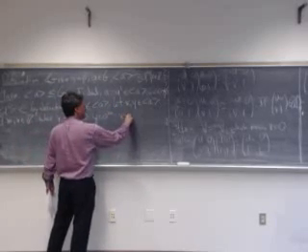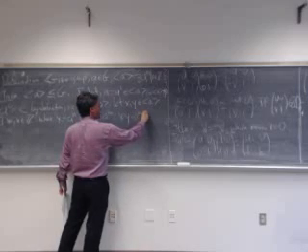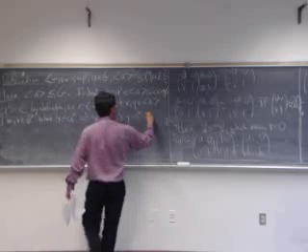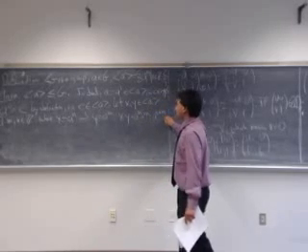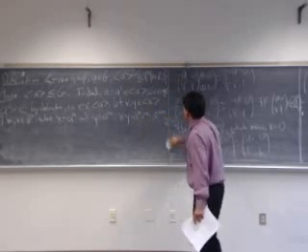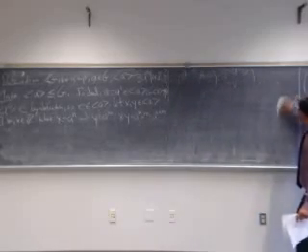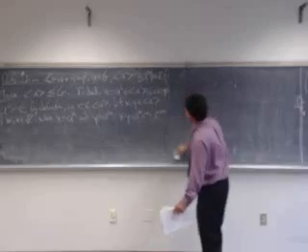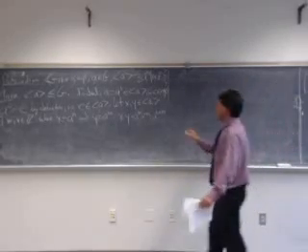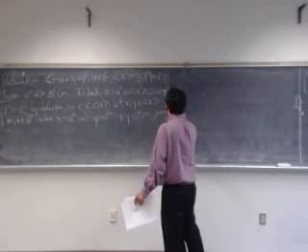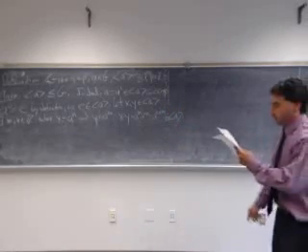Then x times y, a to the n times a to the m, would be a to the n plus m. That's an integer, so this would be an element of the cyclic subgroup generated by a. So we've shown that it's closed under multiplication.